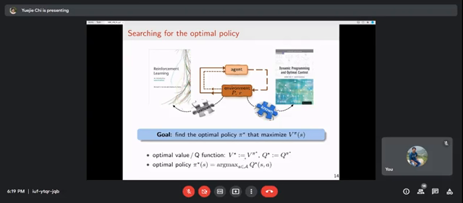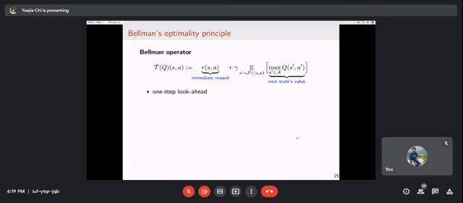In this talk, we'll be using the notation star to indicate optimal functions. So every time you see a star on the value function or on the policy, they are associated with the optimal quantity for the given MDP. All right. As I said earlier, if you know the model, you can solve the problem through the Bellman's optimality principle.